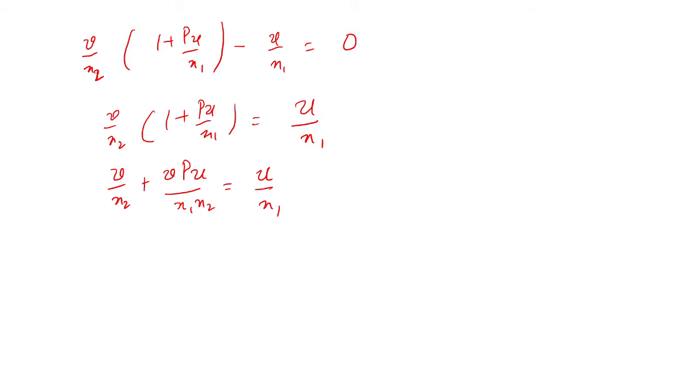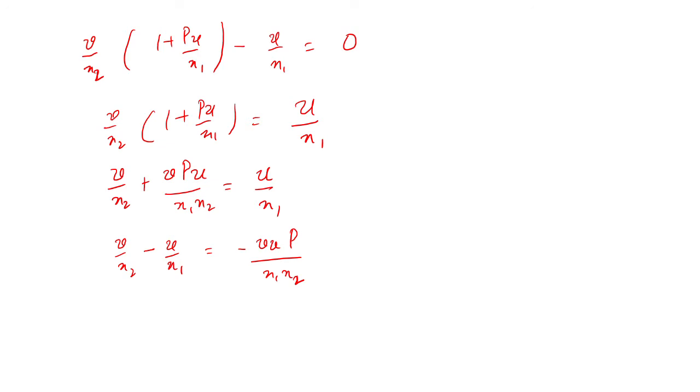Or I can write this as v by n2 minus u by n1 is equal to minus v u p by n1 times n2, right?